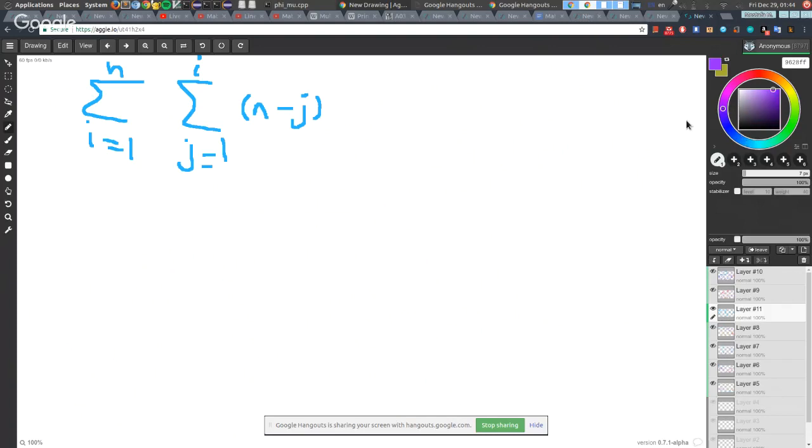So we look here at, let's say, if n is equal to 4. We have i and j, so I'll make a table for that. The j goes from 1 to 4, and the i goes from 1 to 3.